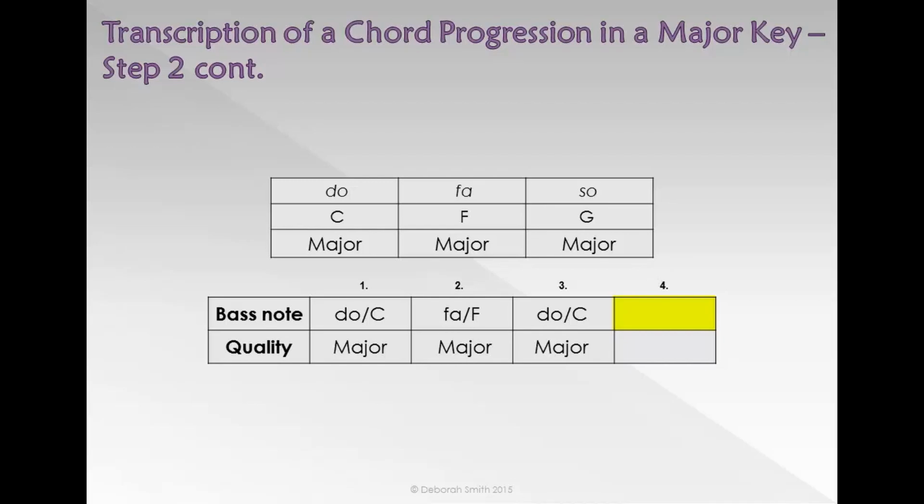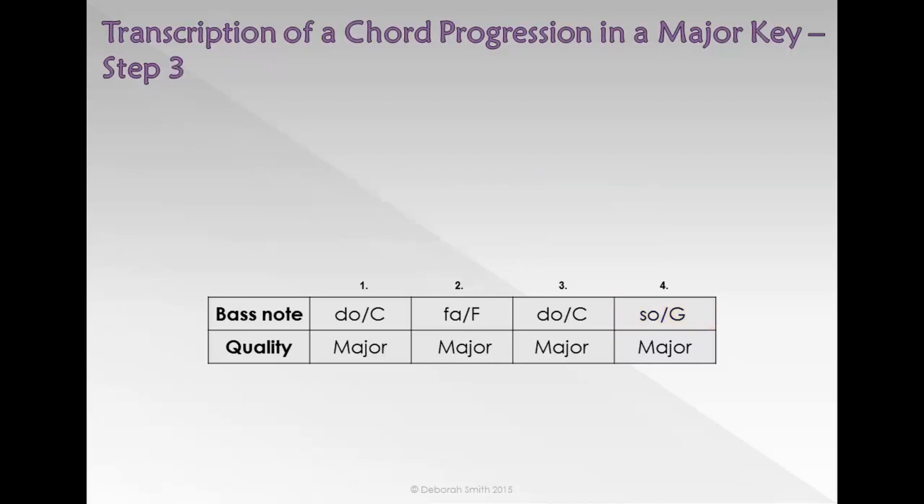Hopefully, you heard that it went to so at the end. This is chord 5 and leaves us wanting more. During the final playing, sing the bass notes as you listen.